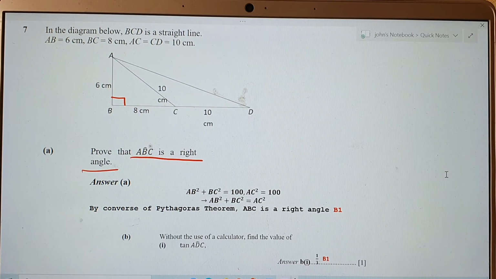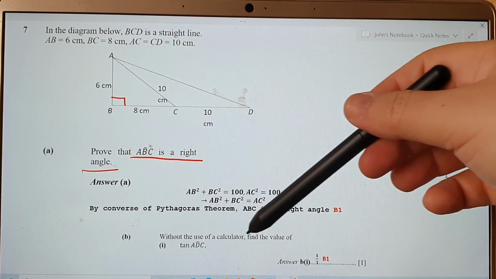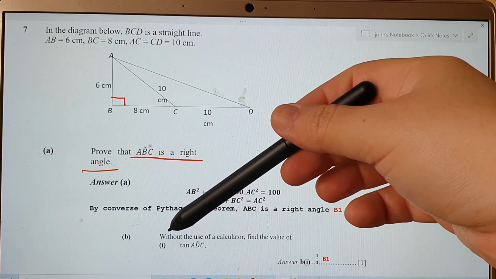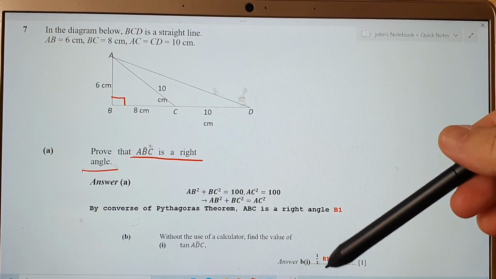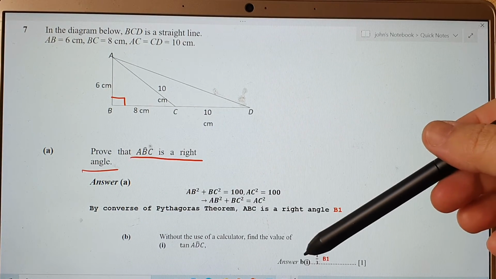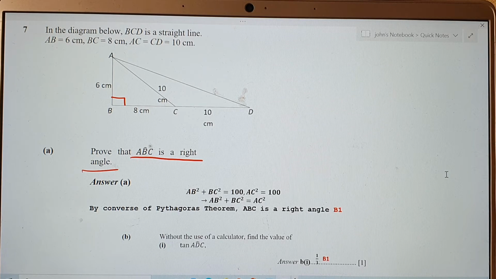Then you're using calculator to get all those non-exact kind of values. So it's not this method already. You have to show this kind of straightforward exact values in your working, right? Then you get the marks, okay?